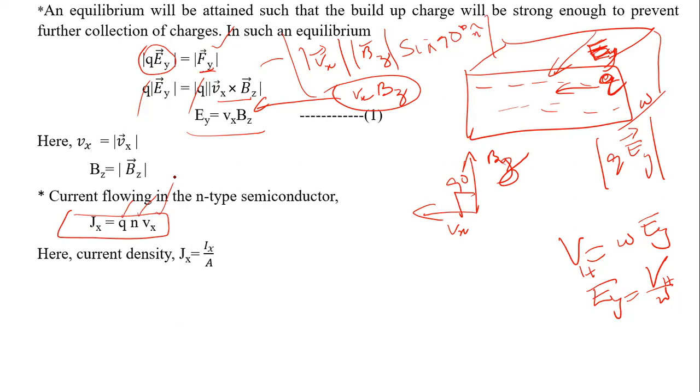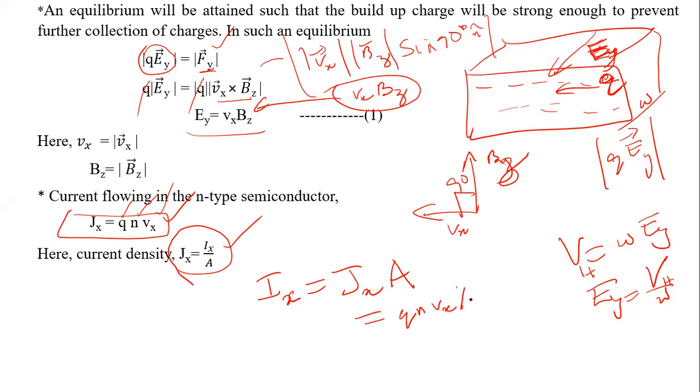The current density is the current along the x-axis upon the cross-sectional area. From this you can write your current as Jx into A. Your Jx is Q into n into Vx, so the current is Jx into A, which is Q into n into Vx into A.